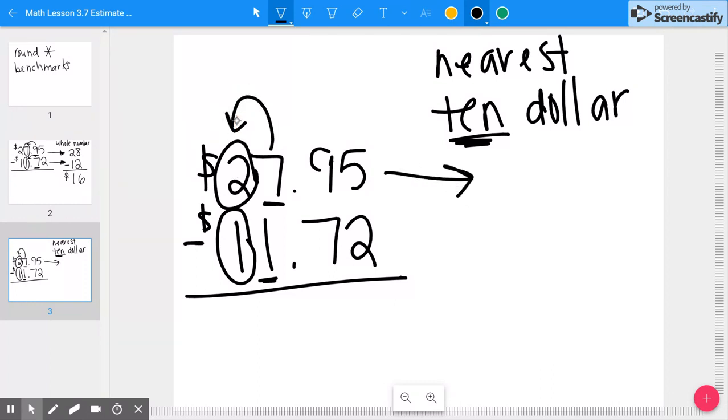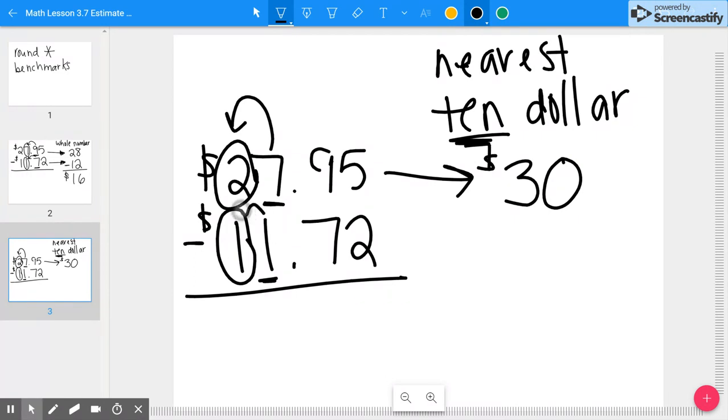So this is a 7. This 7 is telling me that I need to add 1 to the number that's circled because it's greater than 5. So 2 plus 1 gives me 3. And since I'm being asked to round to the nearest $10, this 7 now turns into a 0. Let me put my dollar sign back. So now let's look at the next number, $11.72.